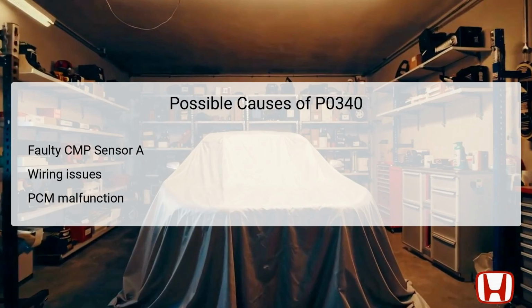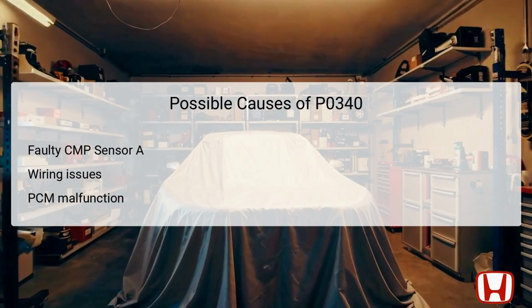Several factors could lead to the DTC P0340, making it essential to explore each potential cause. Firstly, the most straightforward explanation could be a faulty camshaft position sensor A itself. This could result in either its inability to generate a signal or in physical damage to the sensor.